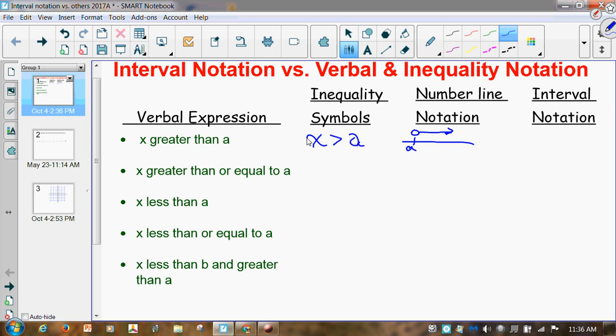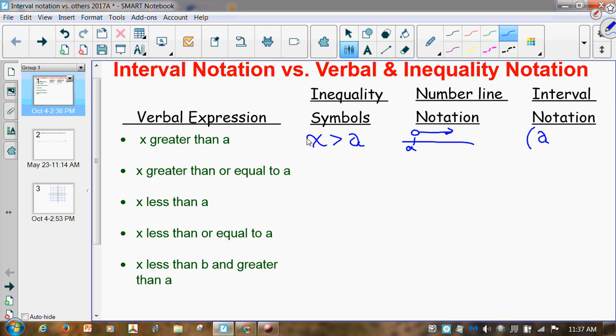For interval notation, we use a parenthesis and put the expression a here, and we would have something else out on the other side, because interval notation typically is bounded on both left and right, so negative and positive, or two values left and right. So we'll see how that works when we get to the last illustration here.